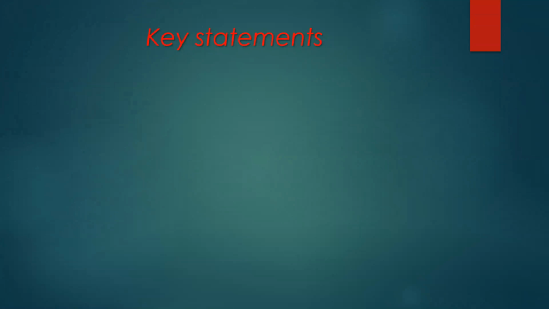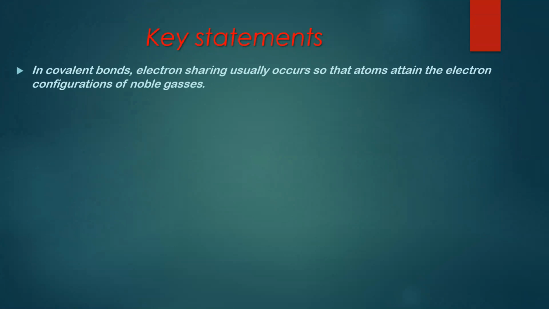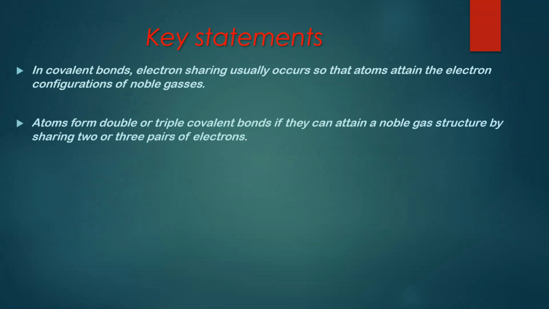Now, moving on to the key statements. In covalent bonds, electron sharing usually occurs so that atoms attain the electron configuration of noble gases. Atoms form double or triple covalent bonds if they can attain a noble gas structure by sharing two or three pairs of valence electrons.